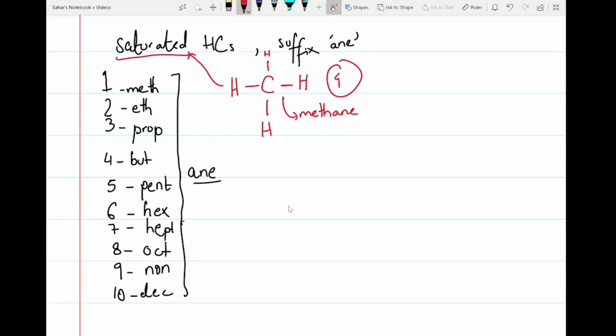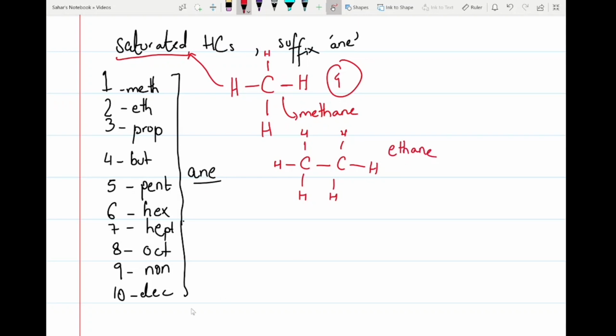So if we move on to ethane, it's 2 carbons bonded to each other, and then the other 3 bonds are with hydrogen. So let me just fill out the hydrogens here. And then if we move on down here to propane, forgot to label it, ethane.